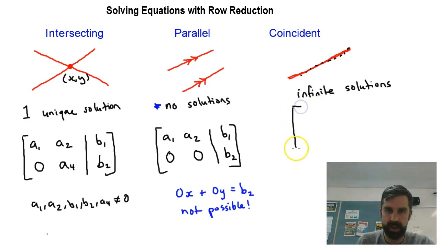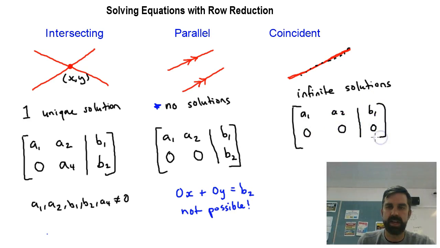What you'll find here when you do the row reduction is you'll get A1, A2, B1 on the top, and then your bottom row will become all zeros. That's because if you subtract the first equation from the second, because they are essentially the same equation, you'll cancel out the entire bottom line.